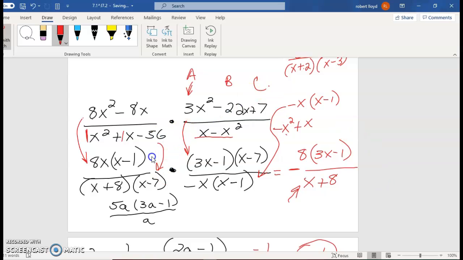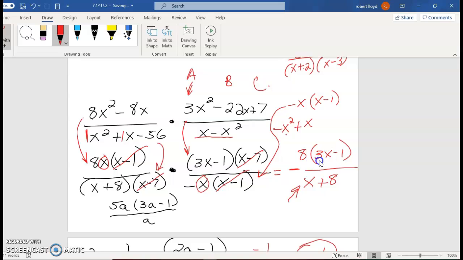Now we factored everything, and we can cancel like terms, numerator and denominator. And this x will cancel out that x. So we'll have 8 for this denominator times the 3x minus 1. That numerator, I should say.